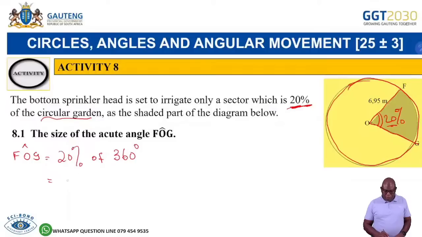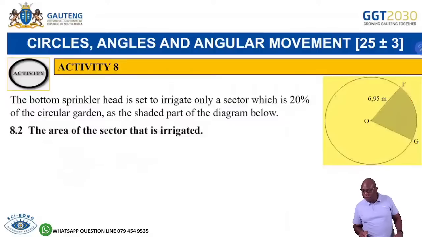So 20% of that will be 72 degrees. Okay, you can take a calculator and say 20 divided by 100 multiplied by 360, you get 72 degrees. They'll give it 1 mark. There's nothing to worry about on that question. 8.2 says the area. Now we need the area of this part.